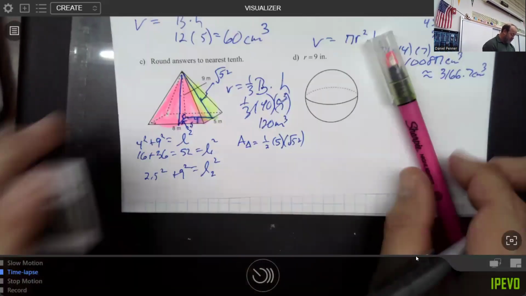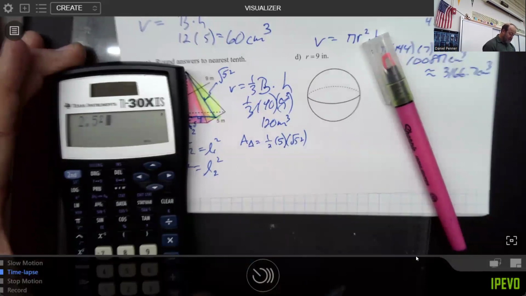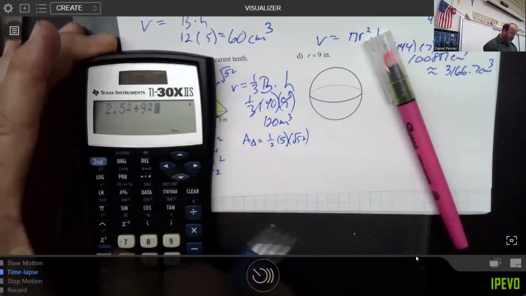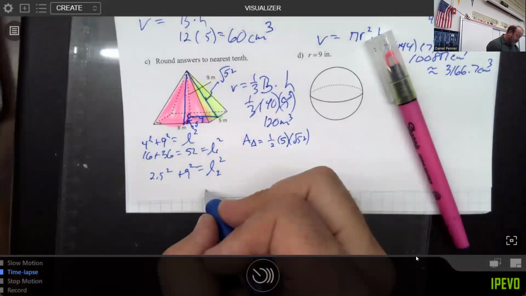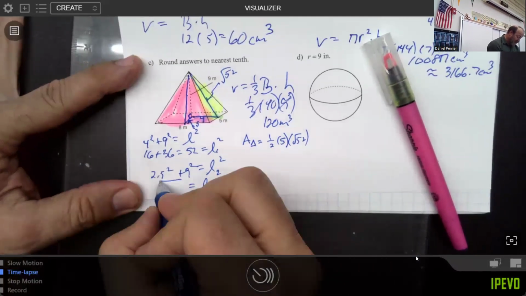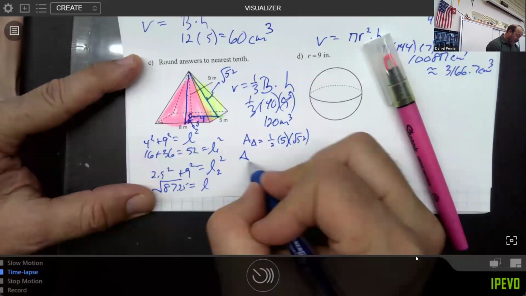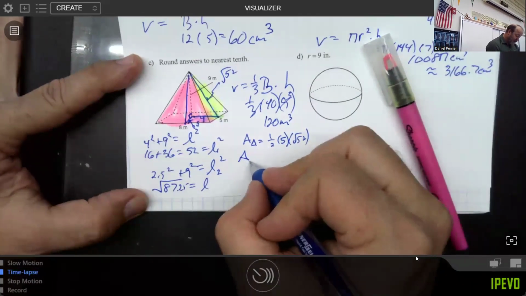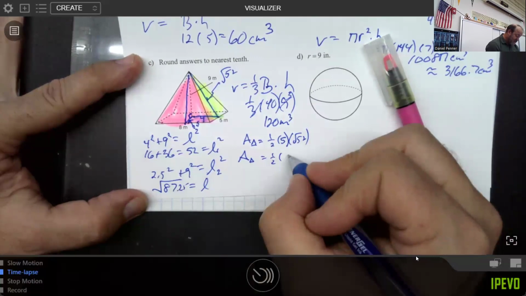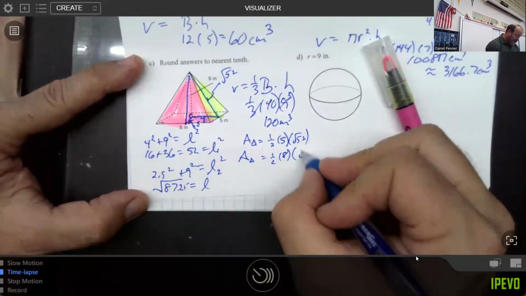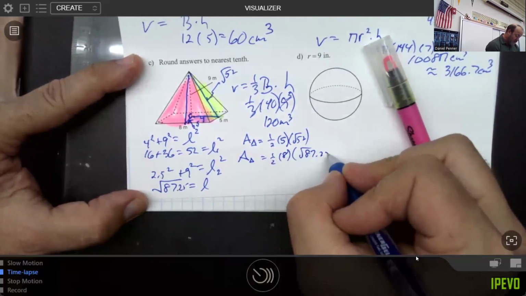So let's see. 2.5 squared plus 9 squared is 87.25. So that makes that slant height the square root of that. So the area of the other triangle is 1/2 its base, which is 8, times its slant height, which is the square root of 87.25.